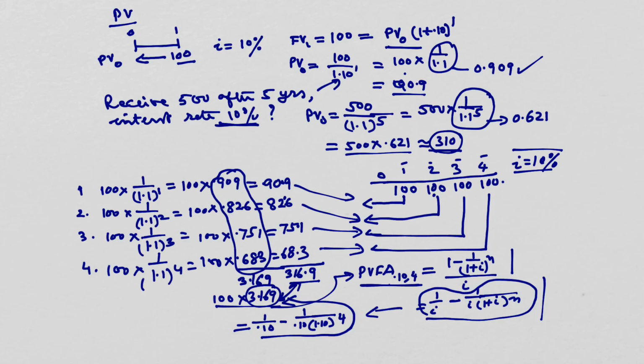Now here, I can change my question and say that 100 rupees occurs today itself. So I will receive 100 today, 100 after 1 year, then after 2 years and 3 years. And it's a 4-year period. What will happen in that case?